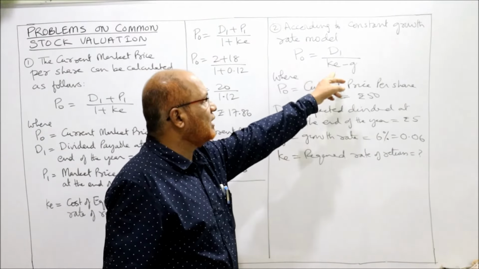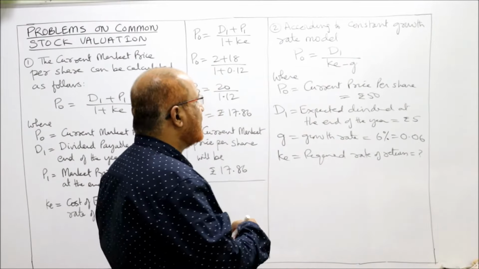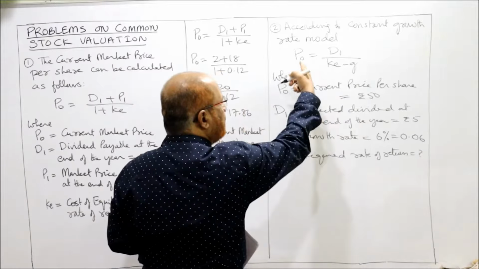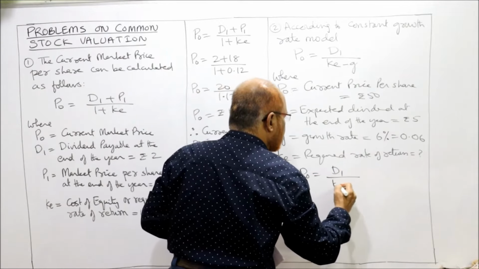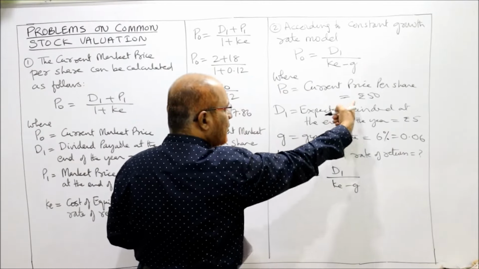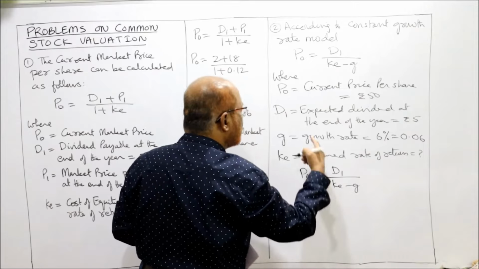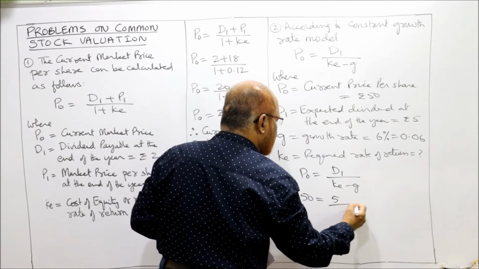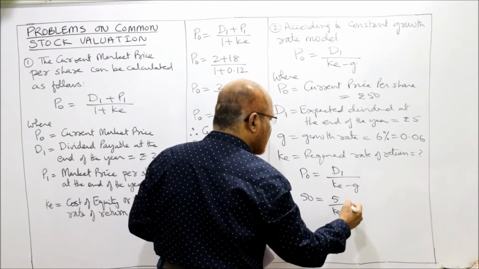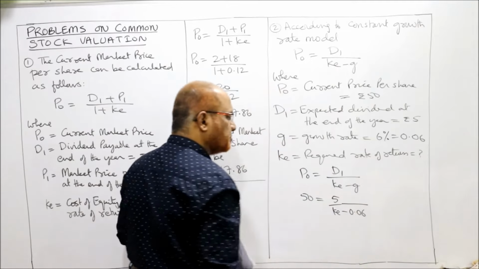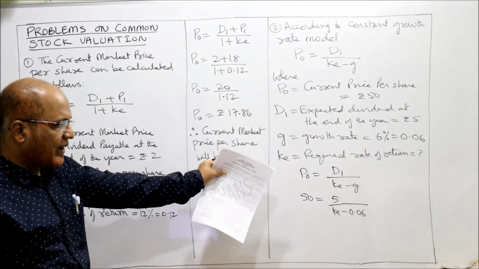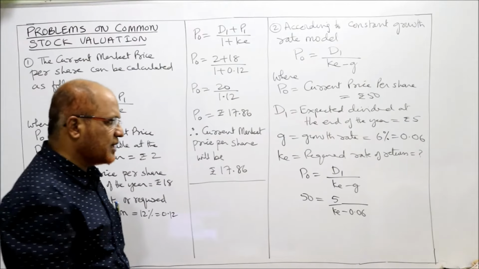So P0 is equal to D1 divided by KE minus G. Now substituting the values we can get KE. What is the P0 value? 50. D1 value? 5. KE we don't have, but growth rate we have, 0.06. 50 is equal to 5 divided by KE minus 0.06.